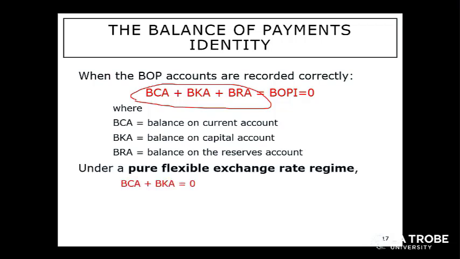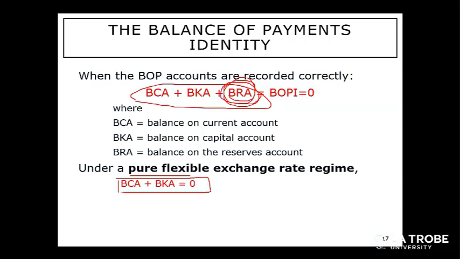With a purely flexible exchange rate regime, this is when your currency value is fully determined by the market, right? So in this case, in theory, the central bank would not intervene at all, and therefore the reserve account should not have any value, right? So there should be no change in your reserve account. If you truly have a pure flexible exchange rate regime, then the sum of your current account and your capital account should be 0, okay?